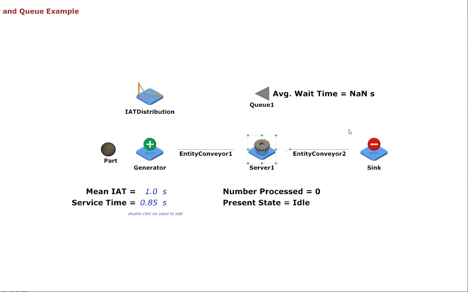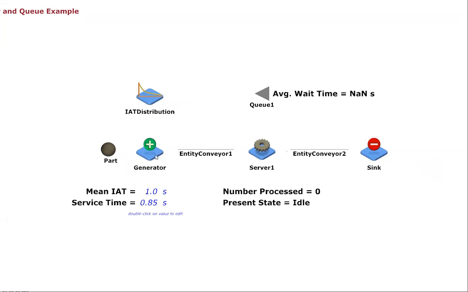So this is a very easy network, and this is something you could work on yourself in the course maybe, and even do some programming around yourself. It's a very simple server and queue example.